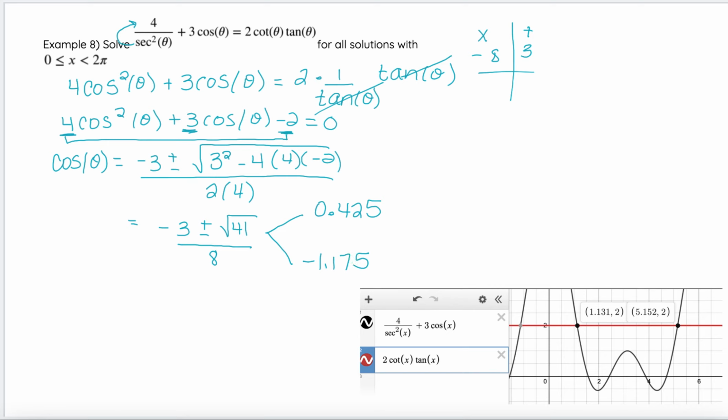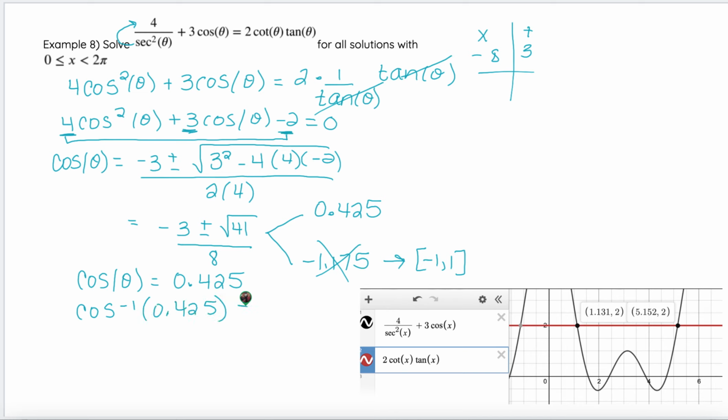Notice this is not in the range of negative 1 to 1, so this solution will not work. We have one option. We have cosine of theta equals 0.425.